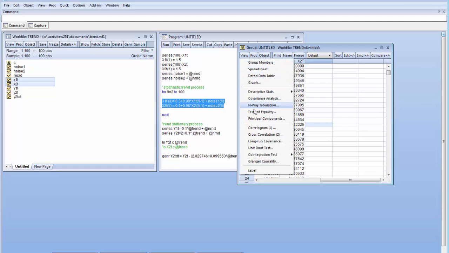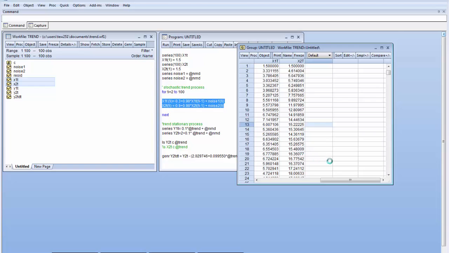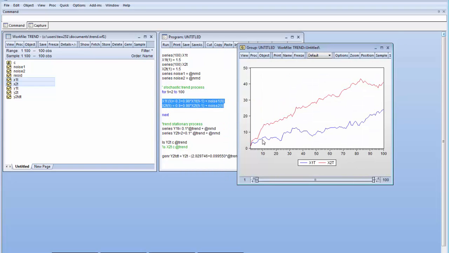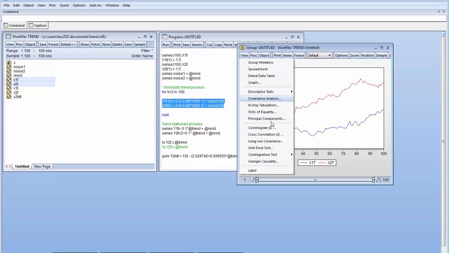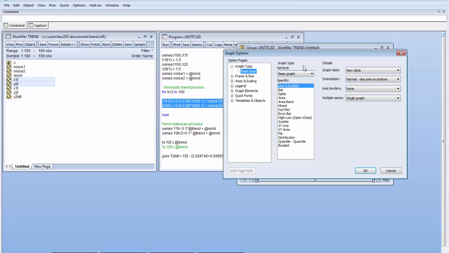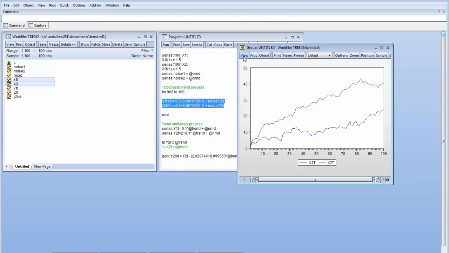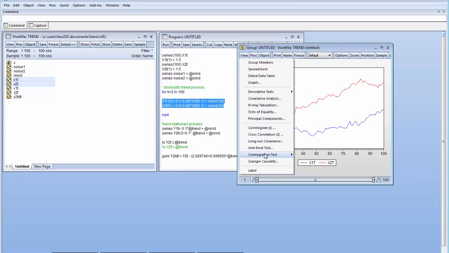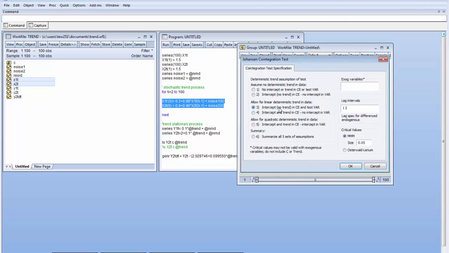And by looking at the graph, you can realize that this is a stochastic trend drifting upwards, so it's most likely a positive intercept in there. I know it because I included it. And we would like to restrict it into the cointegration equation.